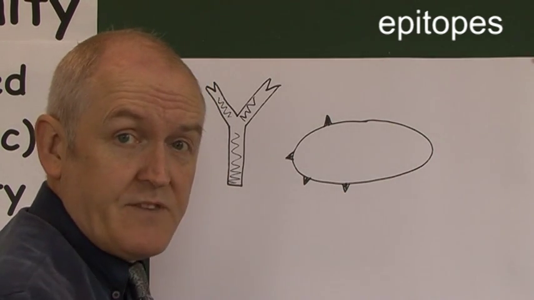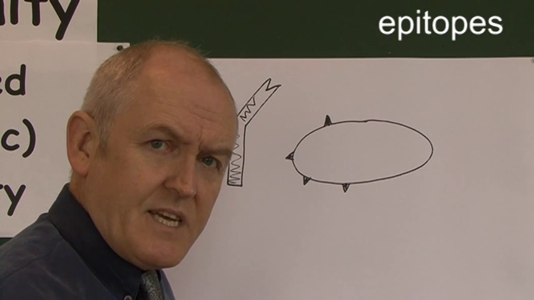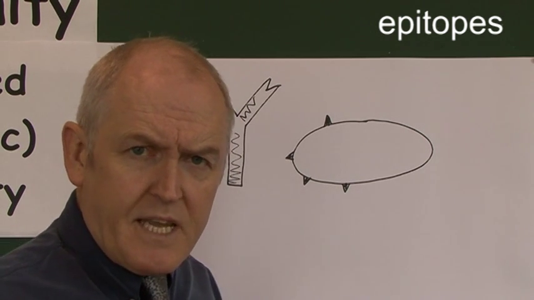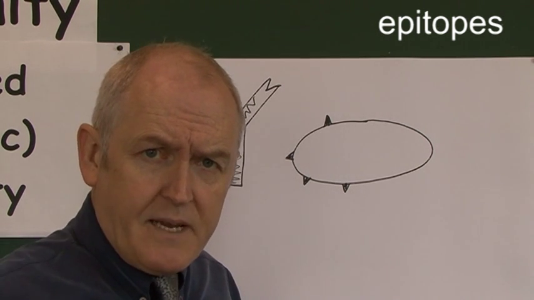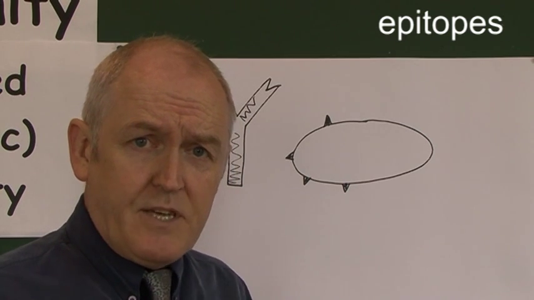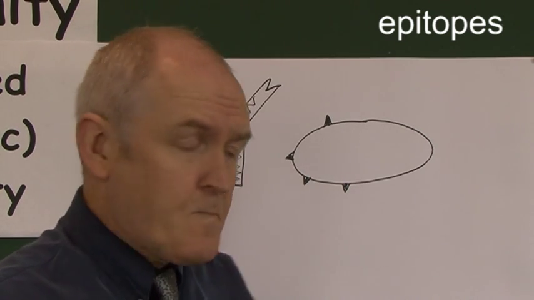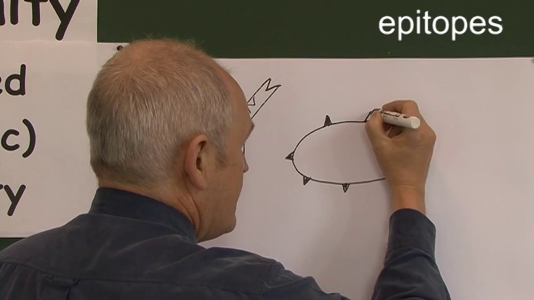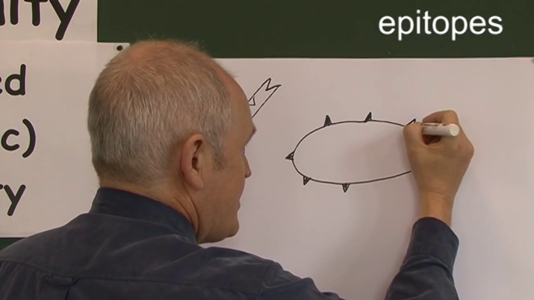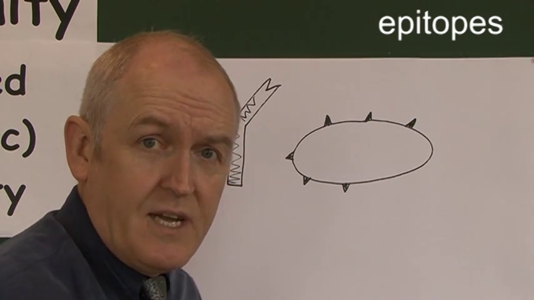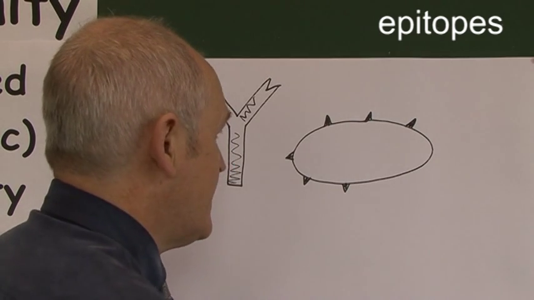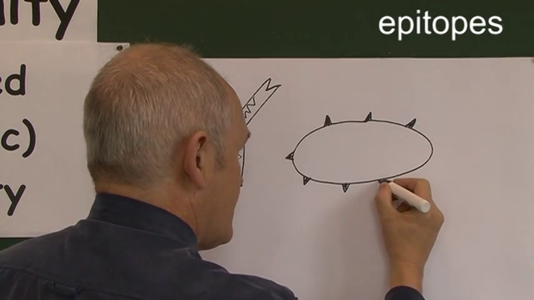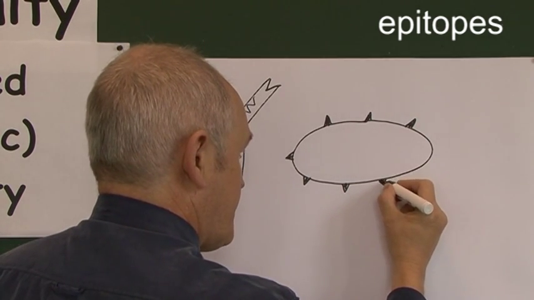They are highly specific molecules to that particular antigen. So a particular bacteria or virus will have a very specific protein structure. And the part of the antigen that the immune system recognises as being foreign, as not being part of itself, is called an epitope. So these are epitopes on the surface.